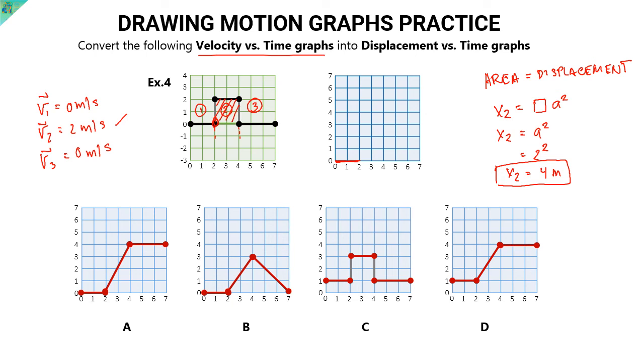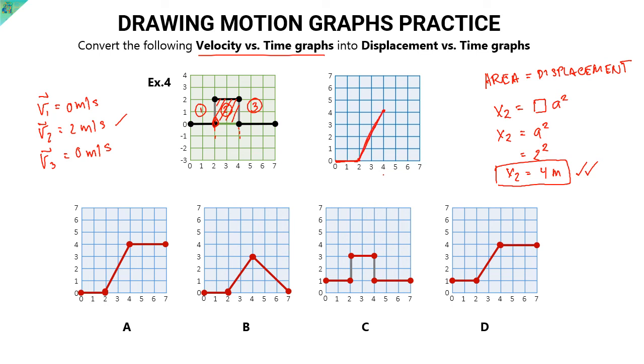So how far? And the answer would be this displacement that we have searched a while ago. So it should be 4 meters by 4 seconds. So this is now your answer.